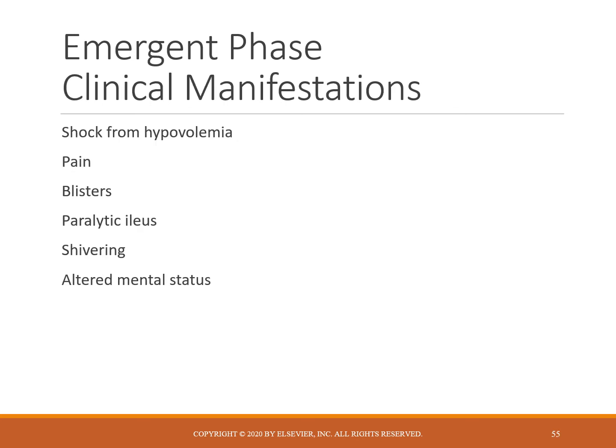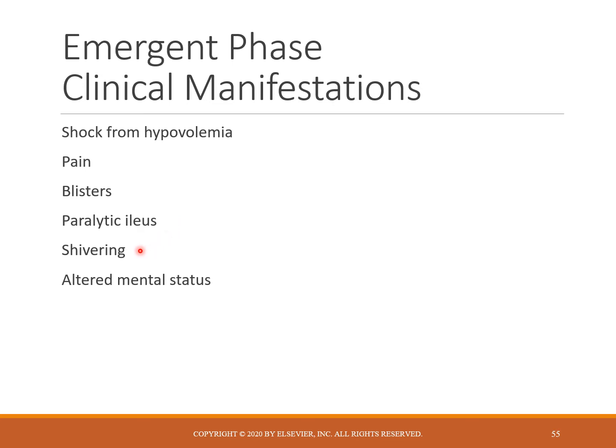And another thing is, in addition to infection, shock due to hypovolemia, your patient will be in a lot of pain. They will have blisters on the area that they had burn injury. And the thing is, it shuts down the bowel sounds, which predisposes them to develop paralytic ileus.